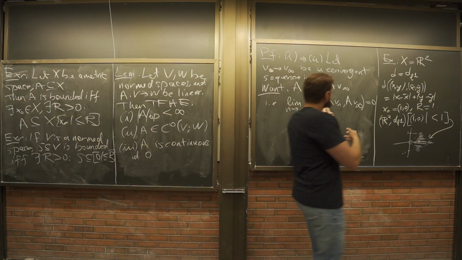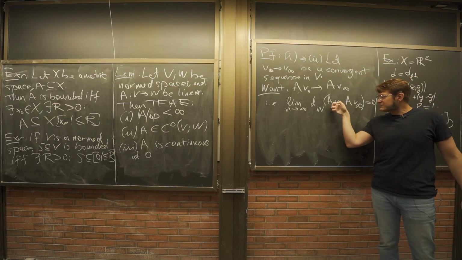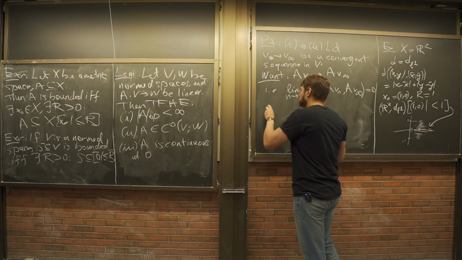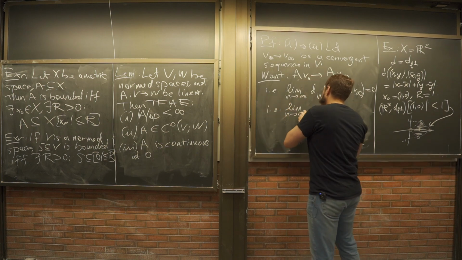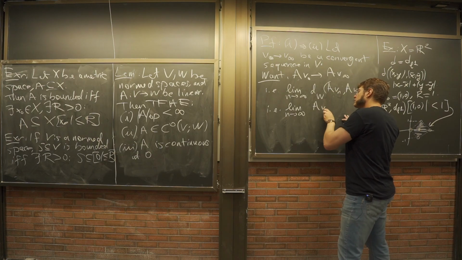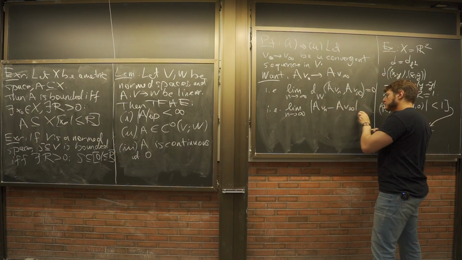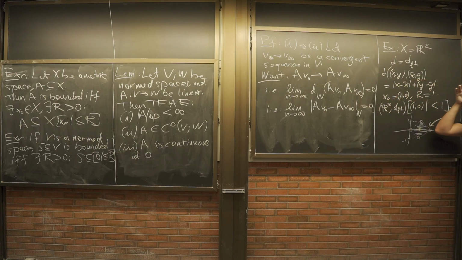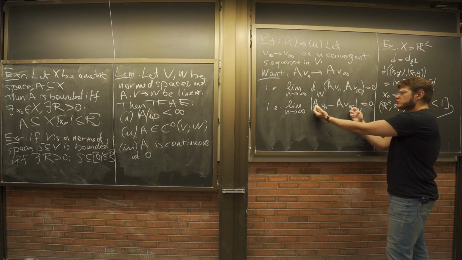And in that case, this distance is nothing but the norm of the difference of these two vectors. So we need to show that this norm goes to 0.